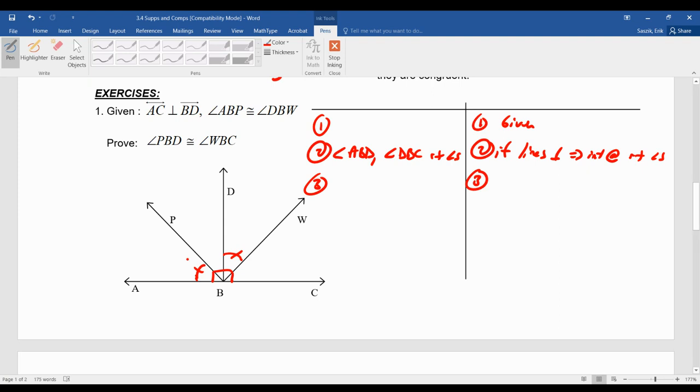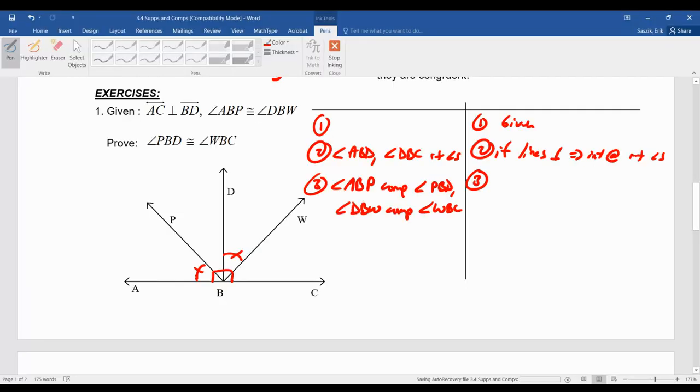We first have to say that these angles here are complementary, these two and these two. We can do it in the same step. Angle ABP is comp to angle PBD, comma. Angle DBW is comp to angle WBC. Now, why are those angles complementary? Because together they form this right angle.